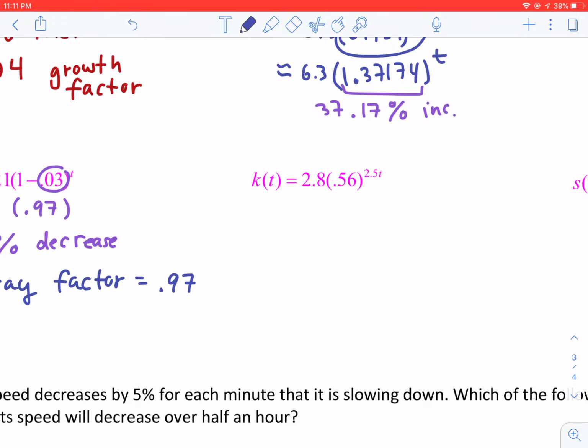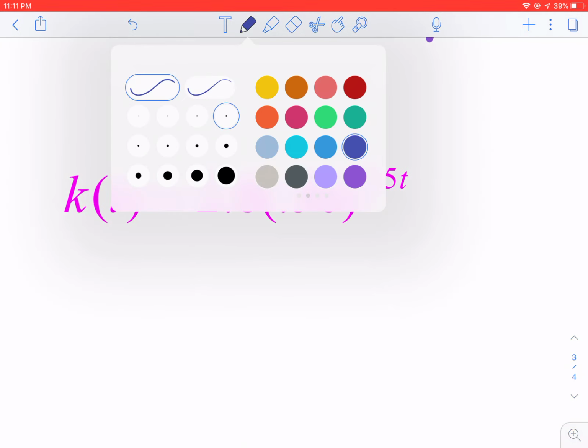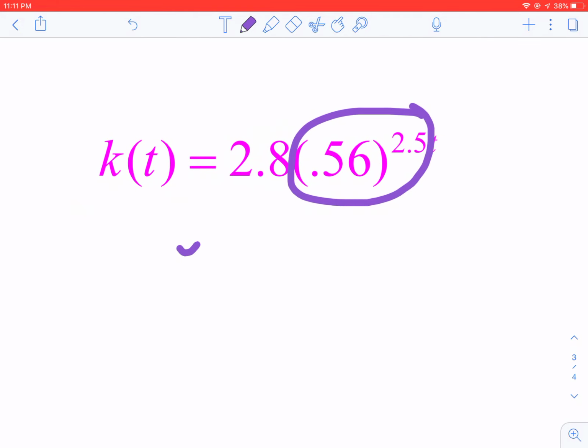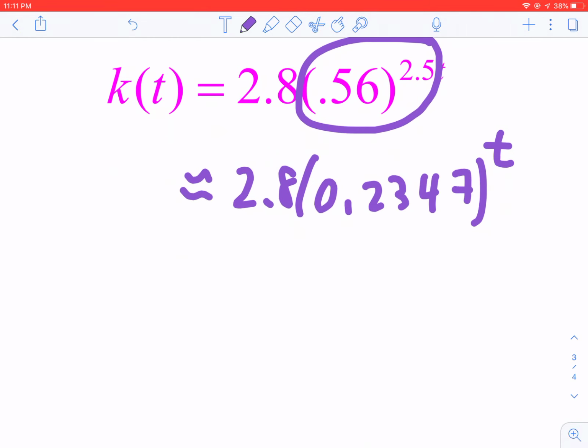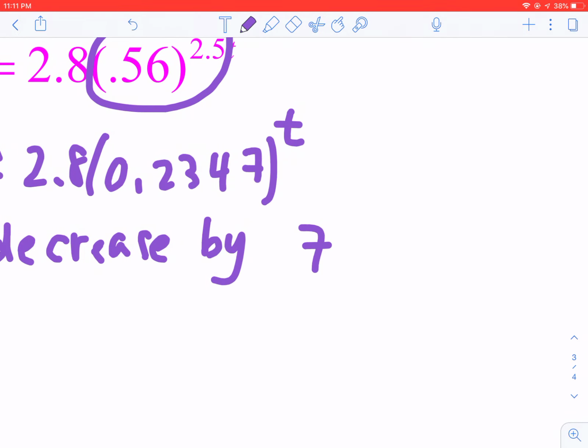Next here, again, before we can get the actual percent increase or decrease, we need to clean this up. And so I'm going to do 0.56 to the 2.5th power. That is approximately 0.2347 to the t power. So we're decreasing by 76 point, what is that, 53% ish.